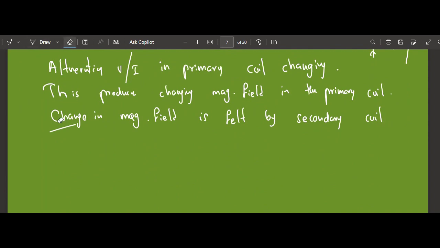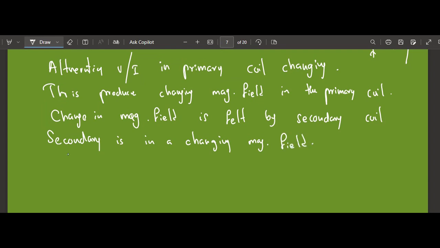I will let you write this as a question, so don't write this because it's given in the note as well. The secondary is in a changing magnetic field. So then what will happen?